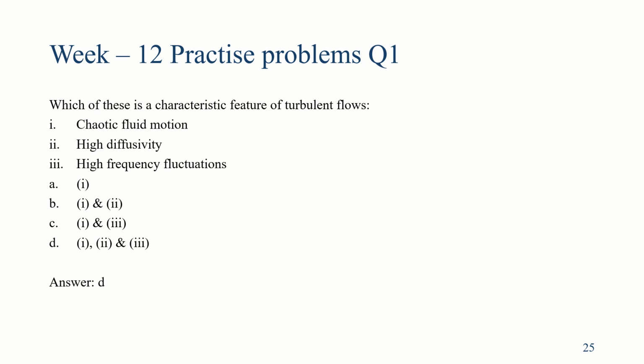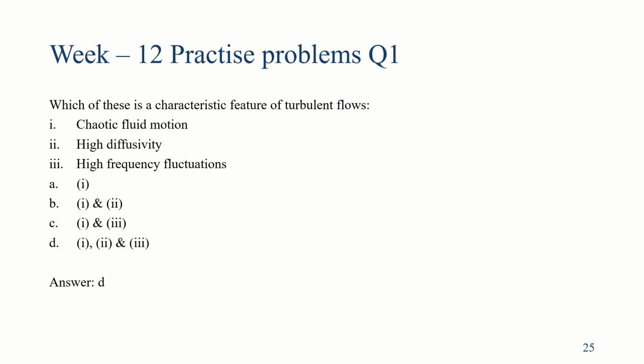What are turbulent flows? There is such fast mixing taking place in the system that fluid pockets are traveling at a high velocity, and there is vigorous movement, everything happening very fast. So chaotic fluid motion: there is no aligned or laminar motion, it is a very random motion.